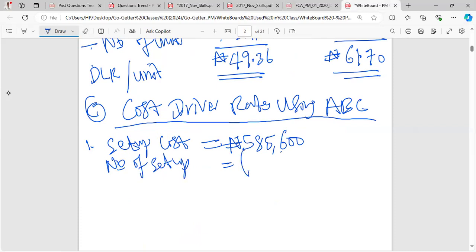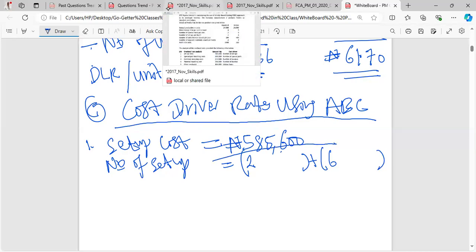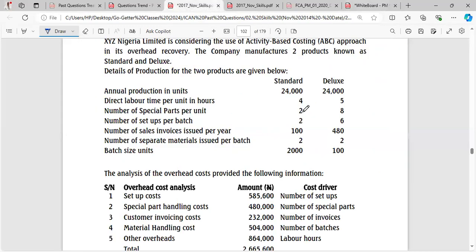We have 2 here, and with the other one, we have 6. So that's 2 and 6. For just one batch of standard, we need 2 setups. For one batch of deluxe, we need 6 setups.